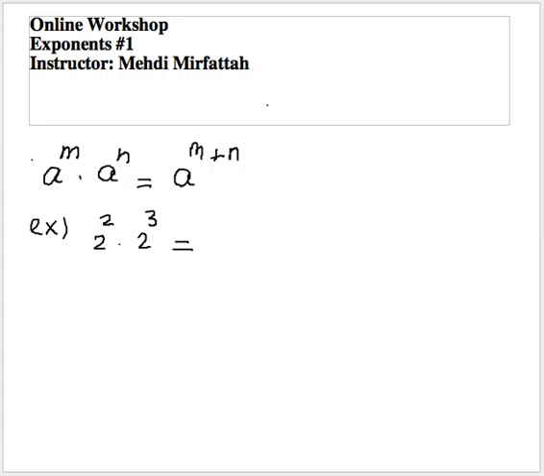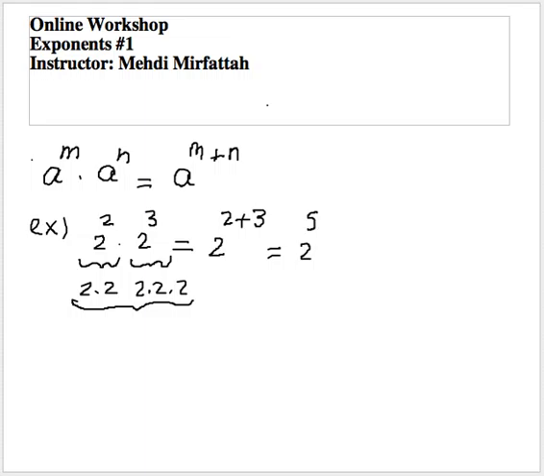As you see here, 2 to the power of 2 consists of 2 2's, and 2 to the power of 3 consists of 3 2's, and if you look at here, you have a total of 5 2's, and that's why we say it's 2 to the power of 2 plus 3 that confirms the result. It should be 2 to the power of 5.